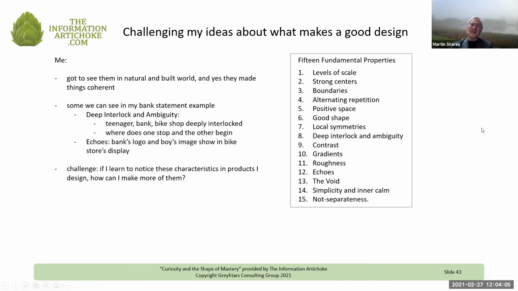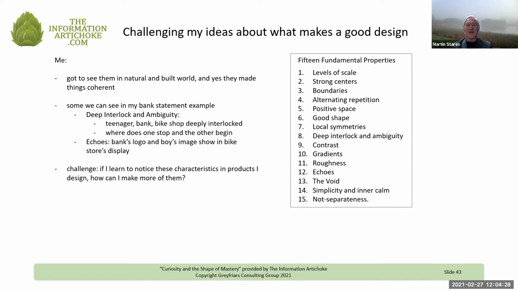So I played with these properties and I got to see them in the natural and the built world. And yes, they made things coherent. And I was really pleased to see them in some of my design concepts. So if you think back to the bank statement example, yes, there's deep interlock and ambiguity between the teenager, the bank, the bike shop.